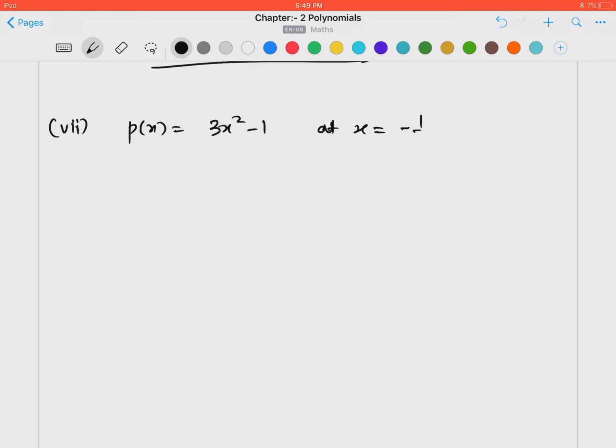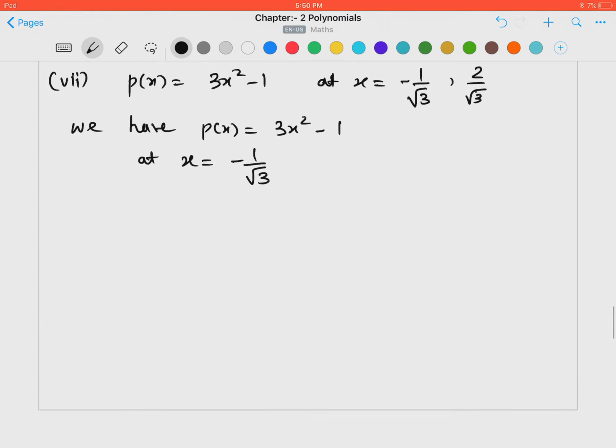First we have minus 1 by root 3 and second is 2 by root 3. So we have to check it for both the values. So first we'll write p(x) equals 3x square minus 1. I will check it first at x equals minus 1 by root 3.